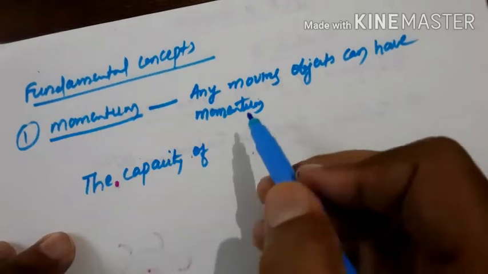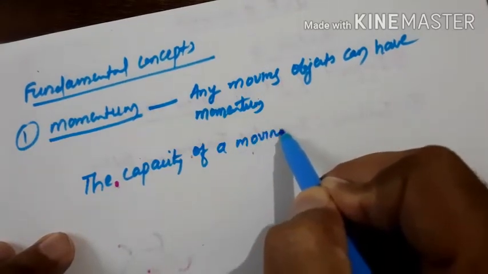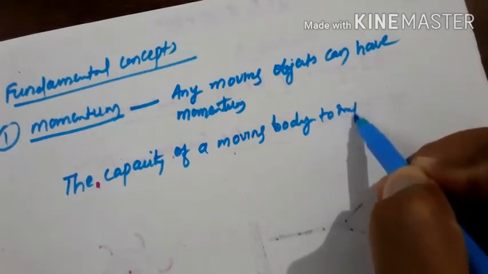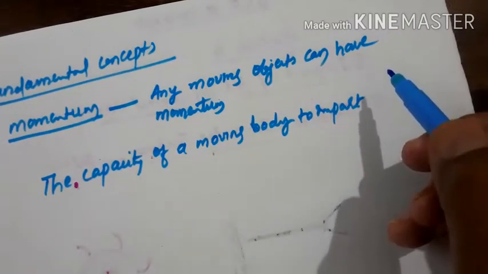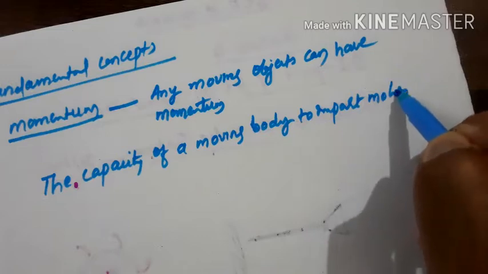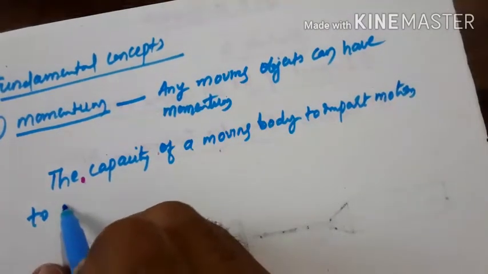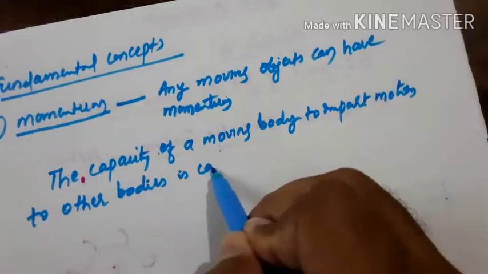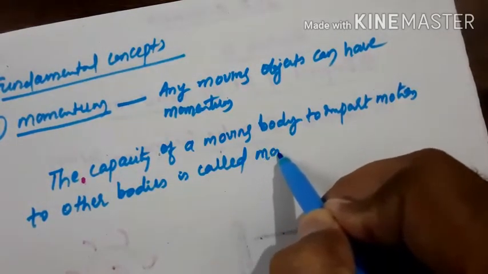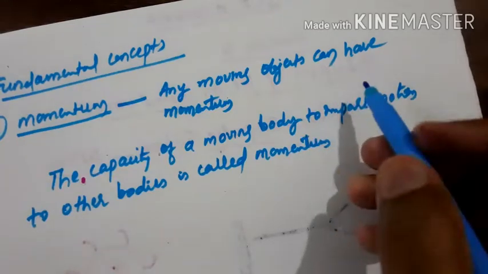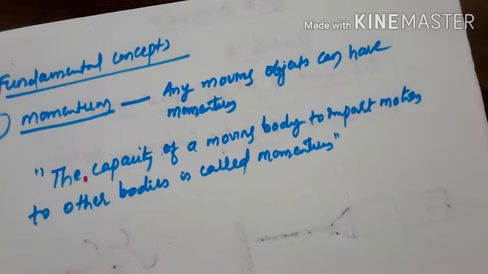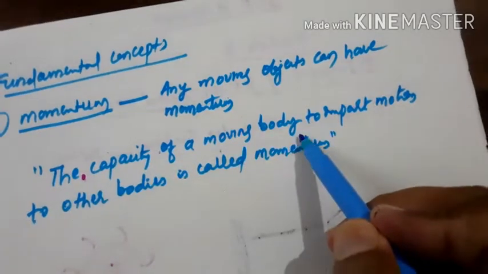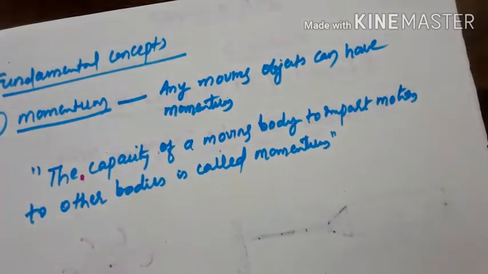The capacity of a moving body to impart motion to other bodies is called momentum. This is the definition for momentum.